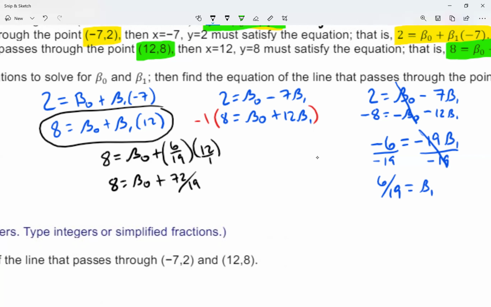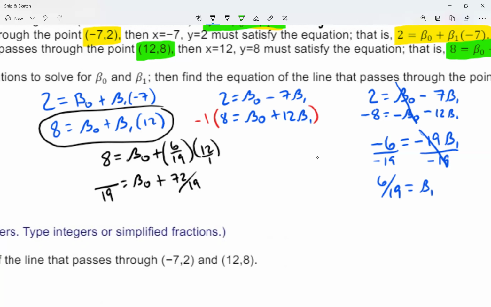I see I'm dealing with fractions. So this whole number, 8, let's switch it to a fraction. I want the bottom to be 19 because I want common denominators. Now the top number, remember how it was an 8 to begin with?